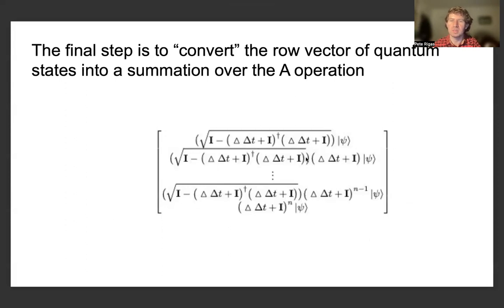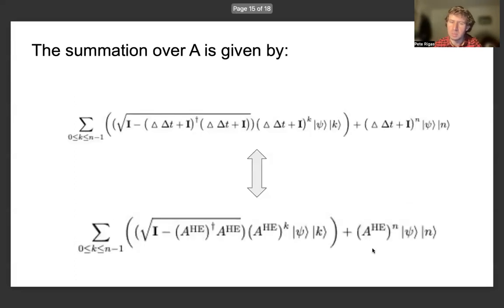And the final step is to convert the row vector into a summation of quantum states, which involves the A operator, which we have presented the general form of earlier in the slide.